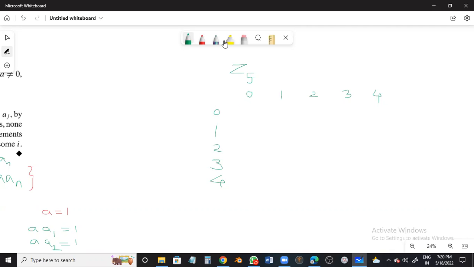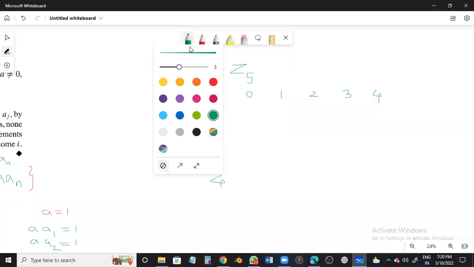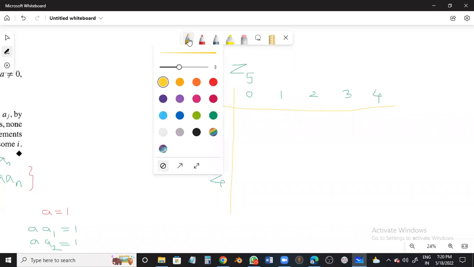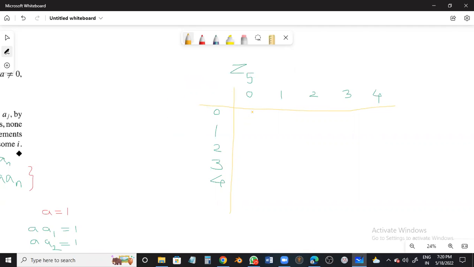All of you are watching the multiplication table. So let us start. How will our multiplication table be? It is in Z5, never forget. If I multiply by 0, all the entries become 0, so let me write all zeros here. Vertically also, these are all zeros.